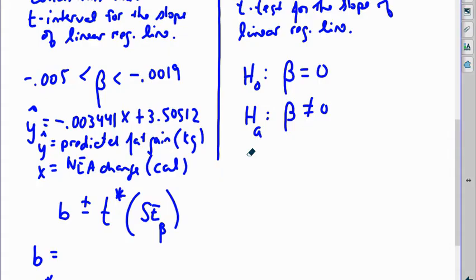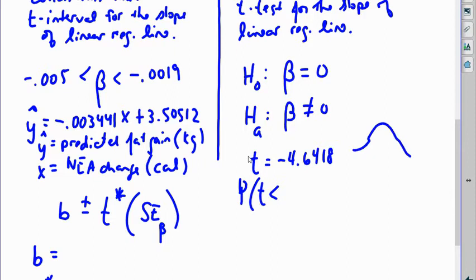Okay, the t-test statistic was t is equal to negative 4.6418. The probability that a t goes below, because think about where that would be on your graph, 0 being the middle, negative 4.64 right here, but we are doing two-tailed.